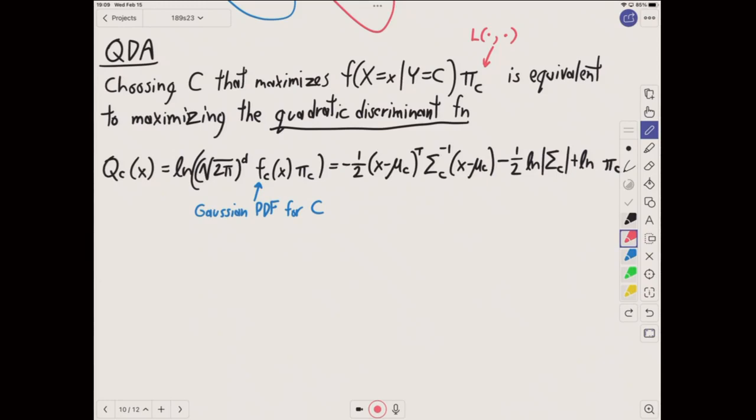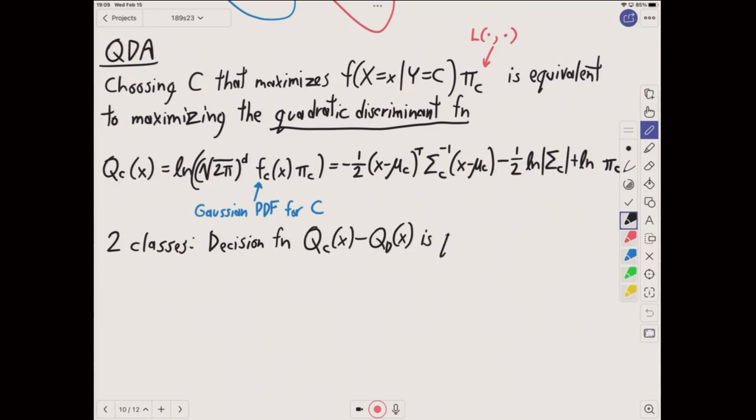I can say some more things about this in the special case where we have just 2 classes. It would be nice to ask, where is the decision boundary between 2 classes? Well, obviously, if you have a class C and a class D, the decision function is going to be QC minus QD, which is quadratic, because QC and QD are quadratic, but not necessarily positive semi-definite. It could be indefinite.